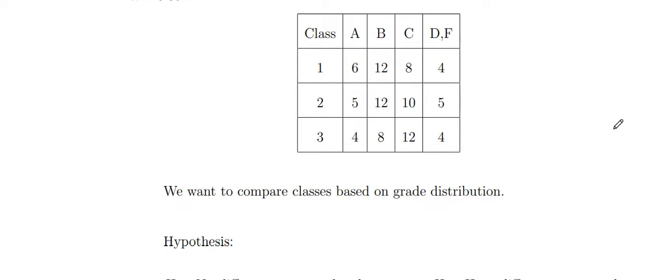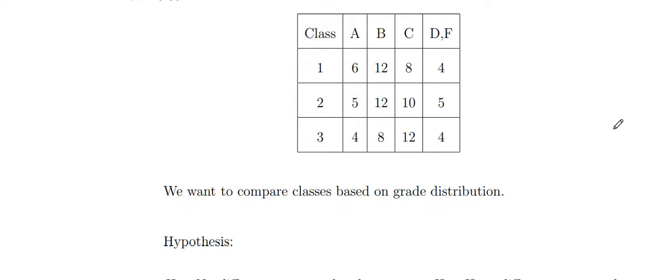For the many-sample problem, we compare three classes based on their final exam performance, right? So for class 1, the data is the exam scores. So we can compare the average for class 1, the average for class 2, and so on.